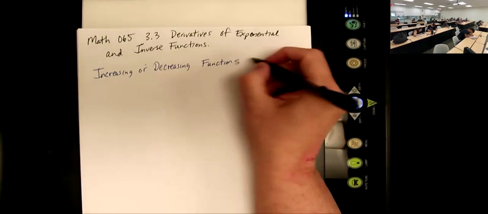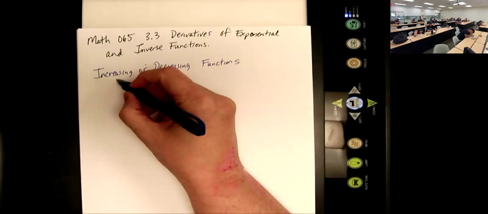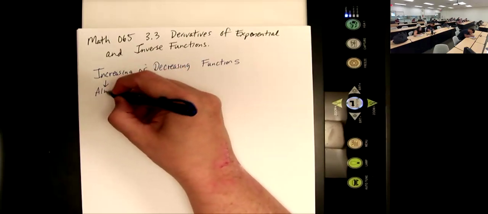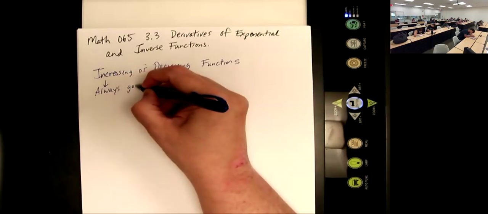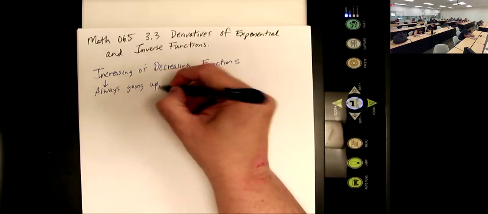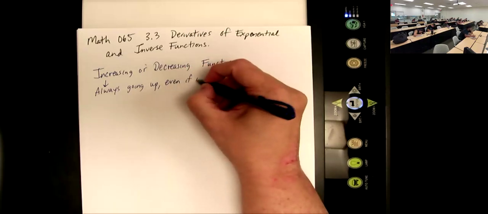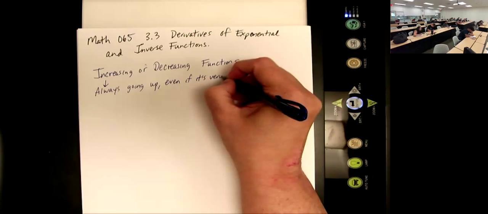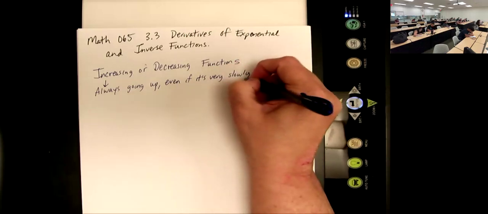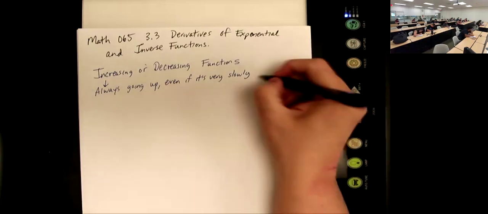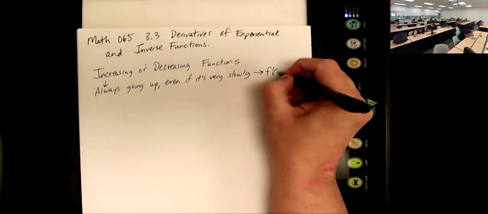Increasing or decreasing functions have this trait. An increasing function is always going up, even if it's very slowly. And that means the derivative is always positive.